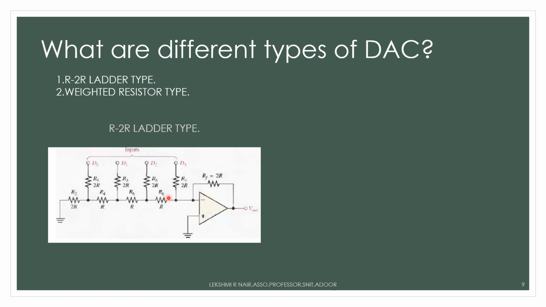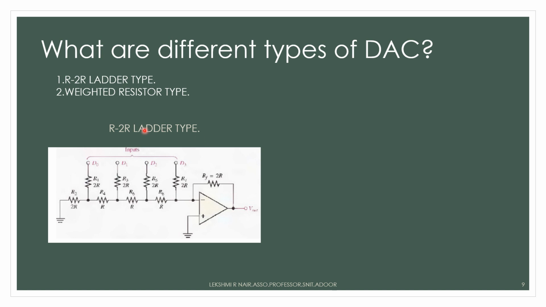These two types of resistors are connected like a ladder network and that is given to the input of an inverting amplifier. So it is called R2R ladder type digital to analog converter.